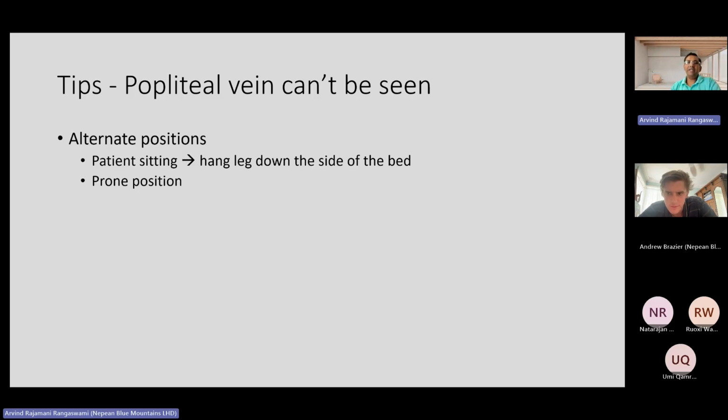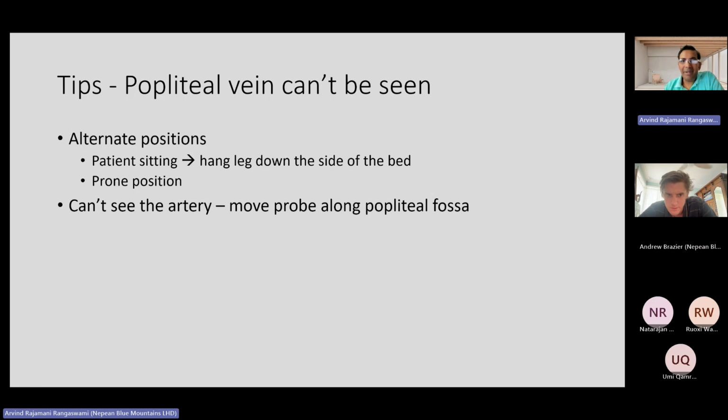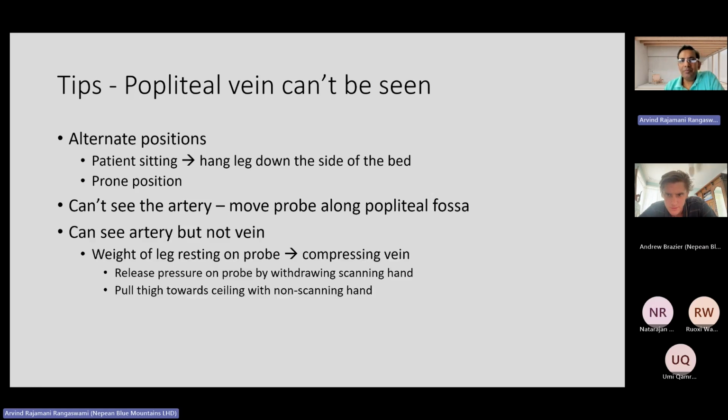Okay, so for the alternate positions, you can try changing the position, but if you can see the artery and not the vein, all you have to do is either pull the leg anteriorly, which may be very difficult in obese patients, or just withdraw the pressure of the transducer a tiny bit, and that compression is gone, and you can see the vein coming.